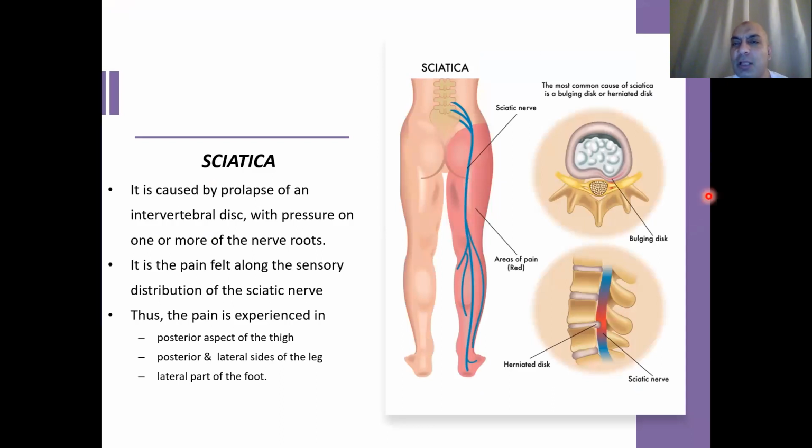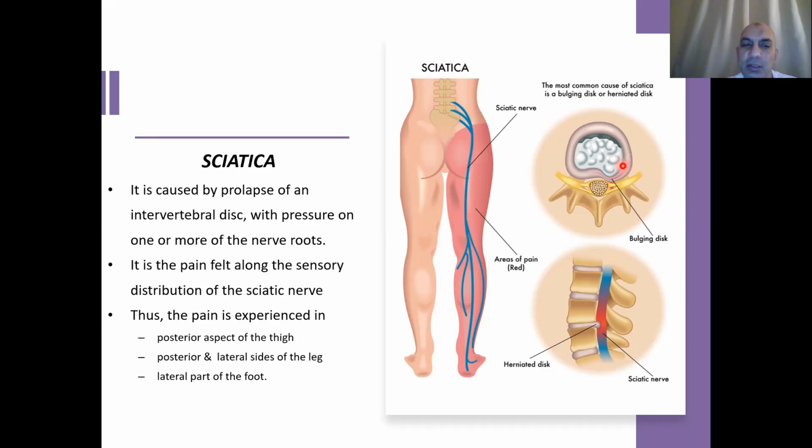The most important part of injury is called sciatica. Sciatica means we compress the root of the sciatic nerve through herniation of an intervertebral disc, and the compression of the root of the sciatic nerve is called sciatica.